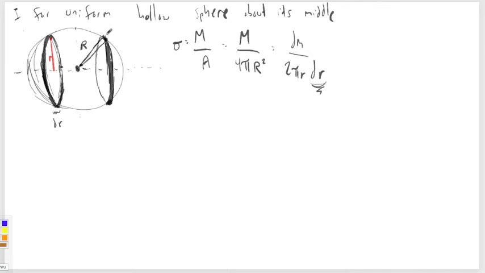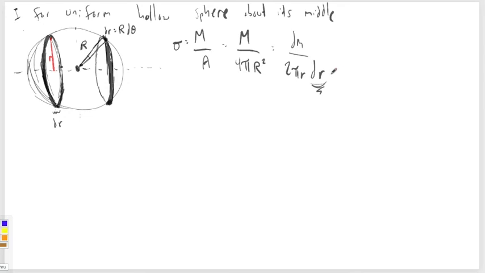And I know that arc length is always radius times theta, but I haven't really moved a big angle theta. This is like a little tiny angle d theta. So what I'm saying is that this dr right here can also be thought of as an arc length, r theta, where really I've moved some tiny little angle, so r d theta.